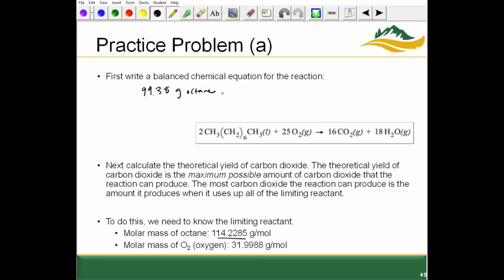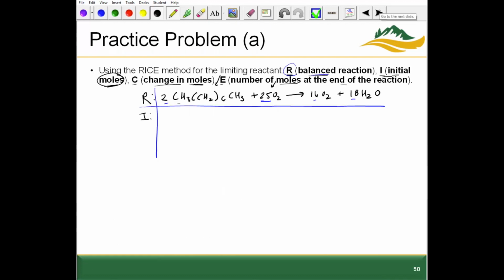Octane has this molar mass, so to leave just moles, we would put 114.2285 grams in the denominator per mole of octane. This comes out to 0.870011 moles of octane. So with this starting amount of moles of octane, we can put this into the RICE table.